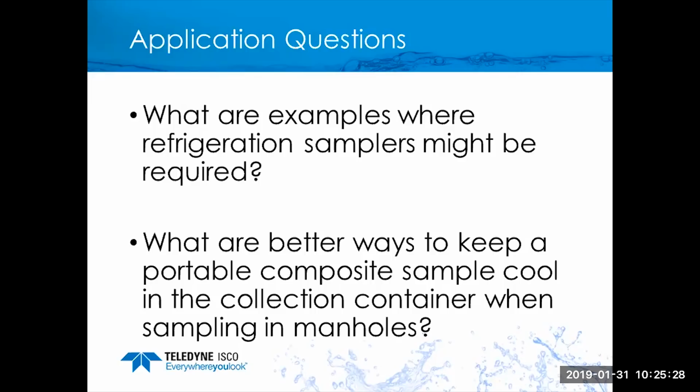Avoid placing the sampler in direct sunlight. It may sound like a simple answer, but that solar heat building up on the sampler now increases the degree of difficulty that sampler is going to have at maintaining and keeping that sample from overheating.